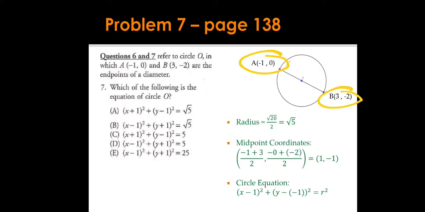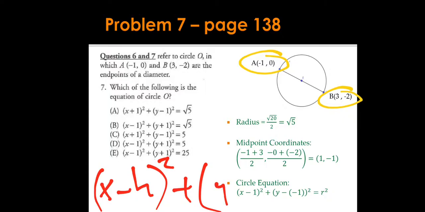Now, you do know that the equation of the circle is given by (x - h)^2 + (y - k)^2 = r^2, where h and k are the coordinates of the center of the circle and r, of course, is the radius.